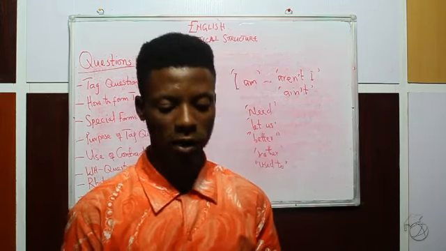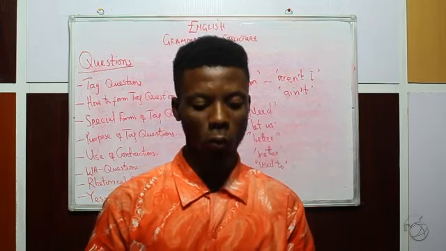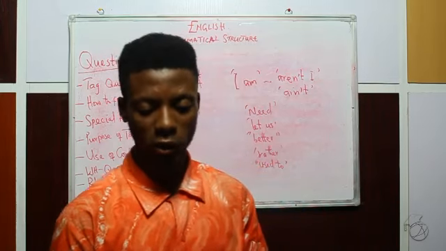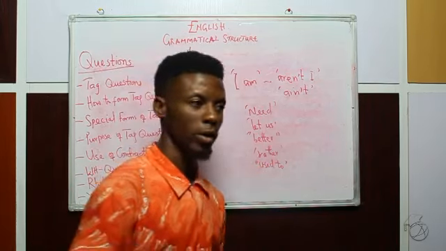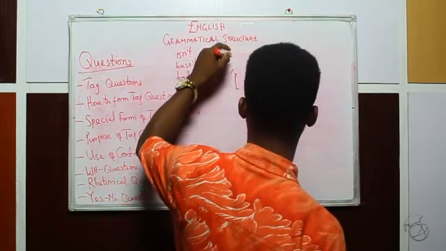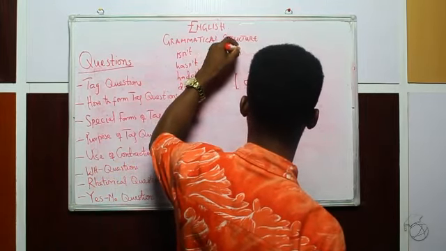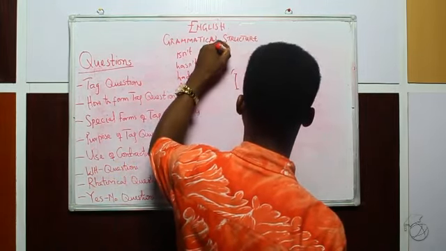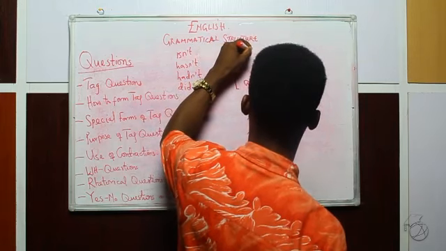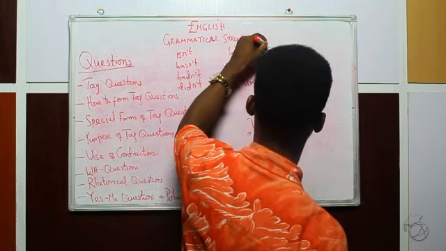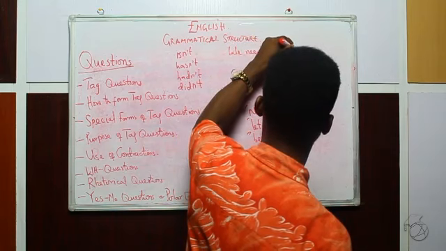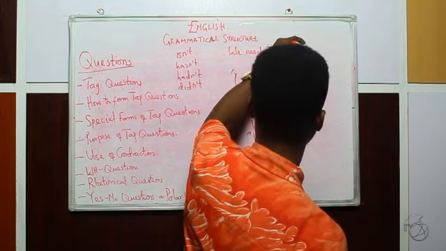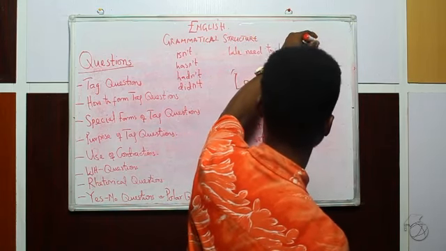Let's take for example, we need to know, don't we? If we are to write that out, we need to know, comma, don't we?